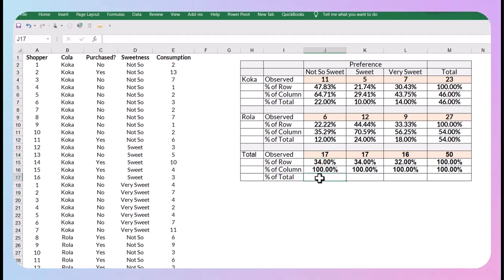Now for this last piece, I need what percentage this is of the total of 50. So the 17 divided by the 50, here this 17 divided by the 50, here this 16 divided by the 50. And guess what? Here it's the 50 divided by the 50, and so that's 100%.